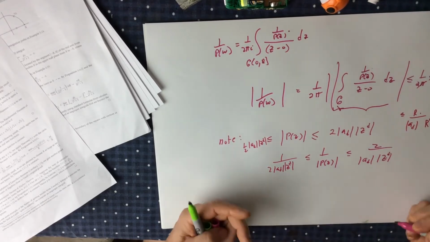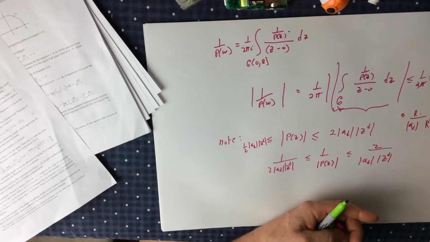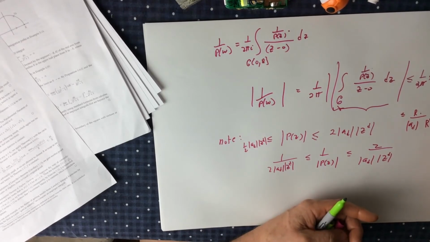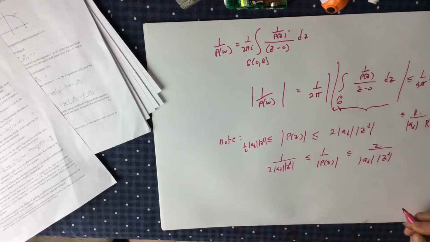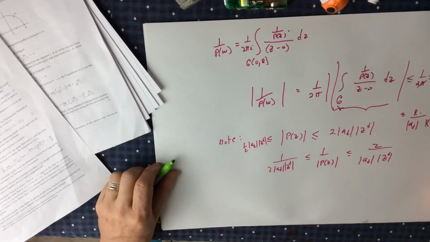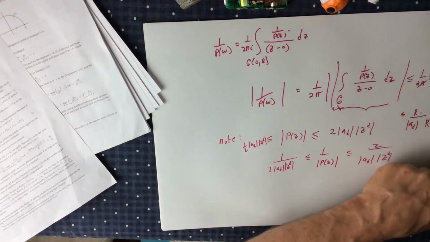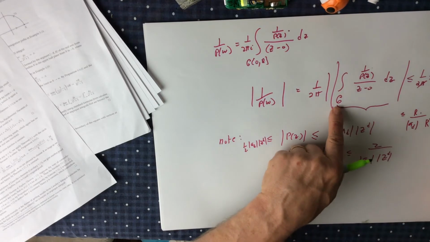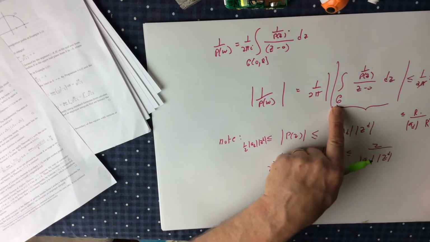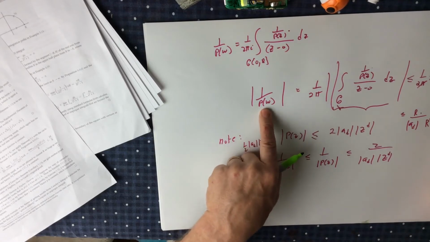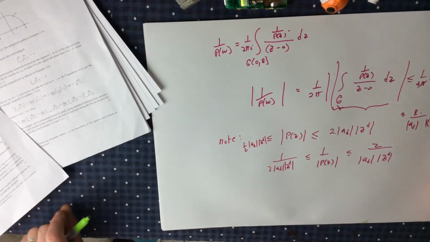And since this is a non-constant polynomial, d is bigger than 1, we have this fact. Now, that says this is less than or equal to this for any circle centered at the origin. So I can let R go to infinity, and what do we discover? We discover that this has to be 0.